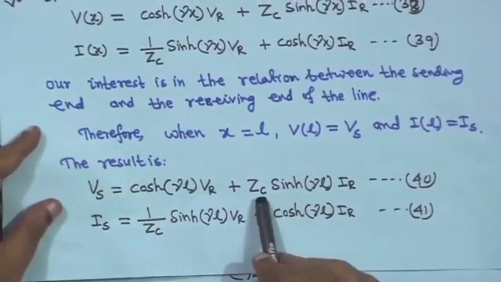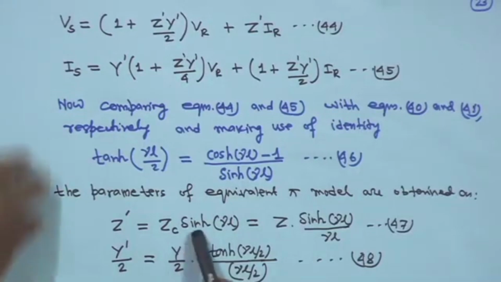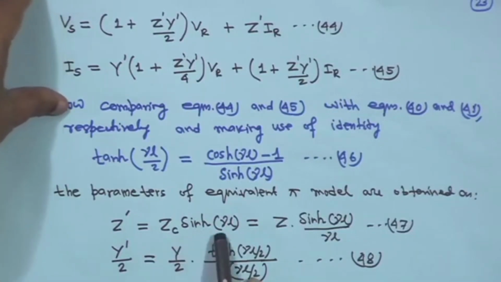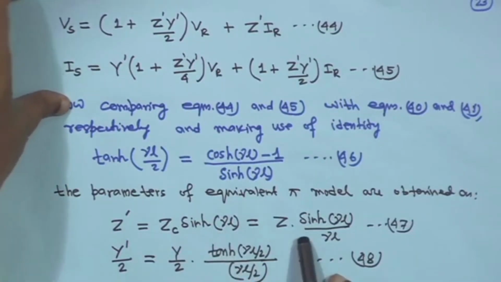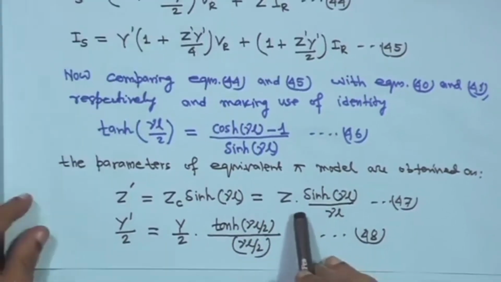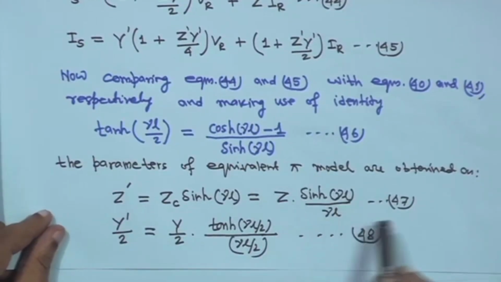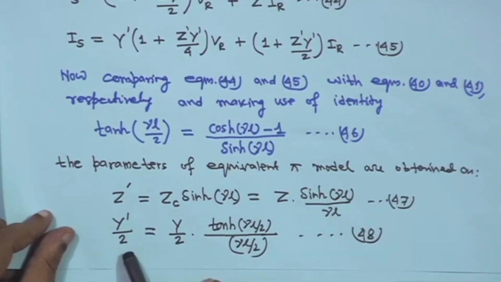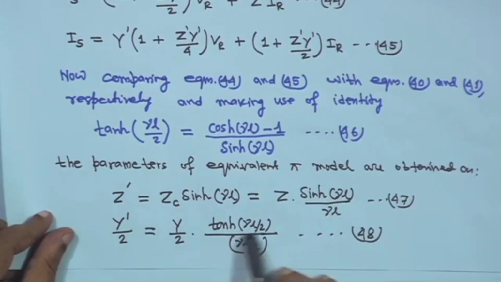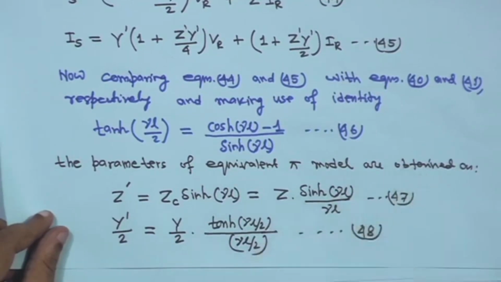So Z dash is equal to ZC sinh gamma L. I will show you on the next page how it comes: Z dash is equal to Z into sinh gamma L divided by gamma L. This is equation 47. And y dash by 2 is equal to y by 2 into tanh(gamma L by 2) divided by (gamma L by 2). How these two come, I am coming to the next page.